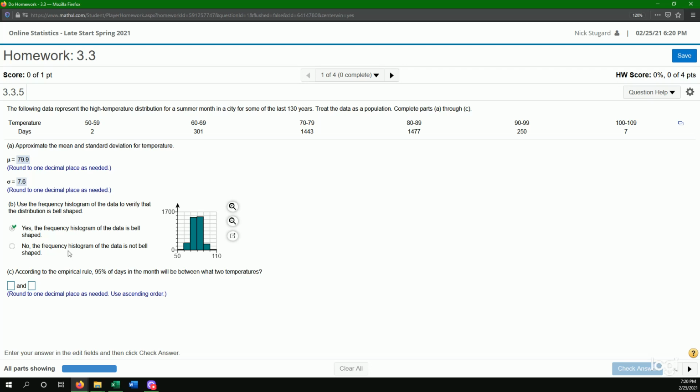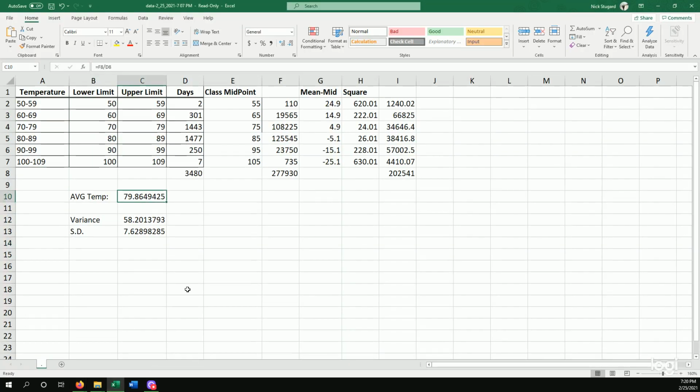For 95% of my data, that needs to be within 2 standard deviations of the mean. So let's go back. I have my average temperature here. If I'm going to find my 95% of data, there's going to be my lower bound and my upper bound, and I'm going to let Microsoft Excel do this for me.